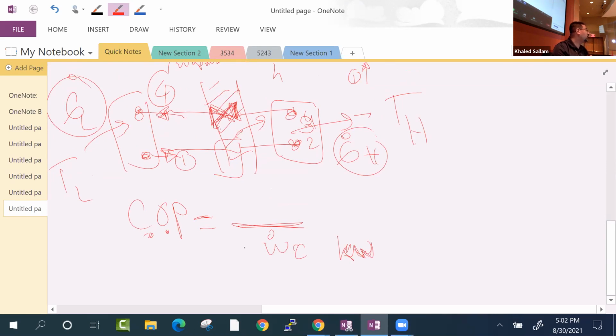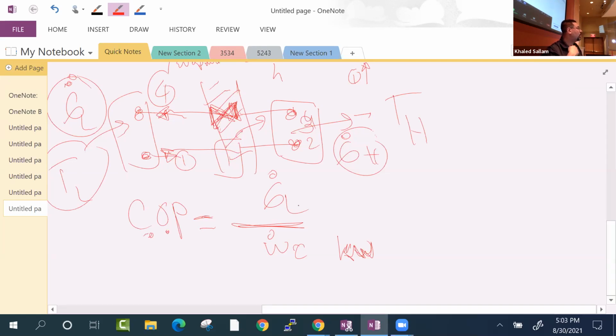And what are we getting? Q dot L if this was a fridge. If what you care about is the TL, I want to get that place really, really cold, then it's Q dot L. Okay? But if this was a heat pump, meaning this is winter, and we actually want the 100-degree is not the ambient.